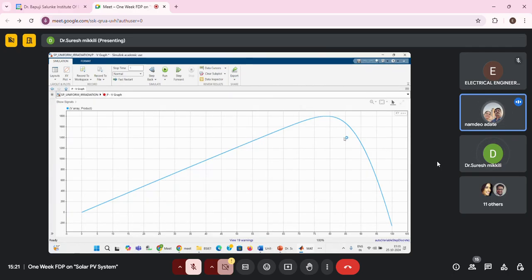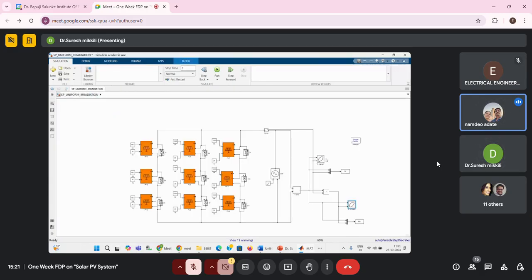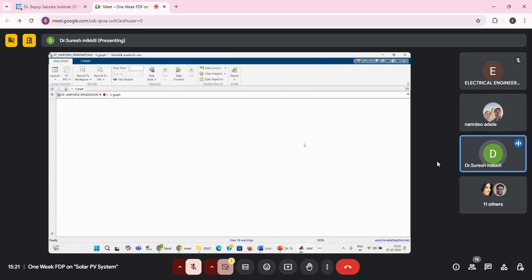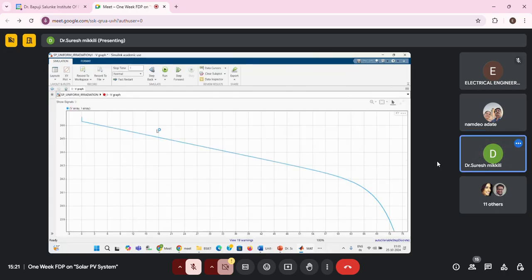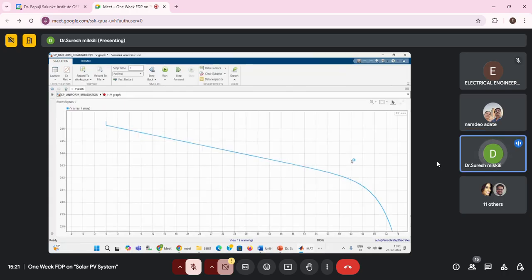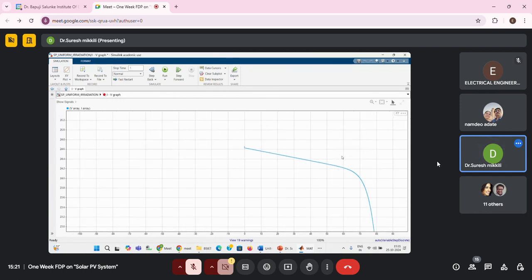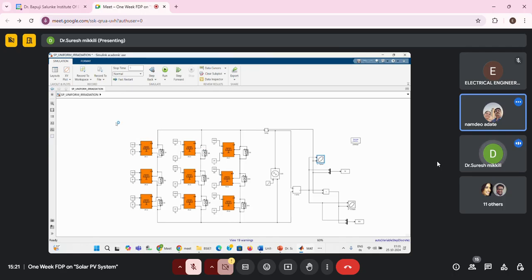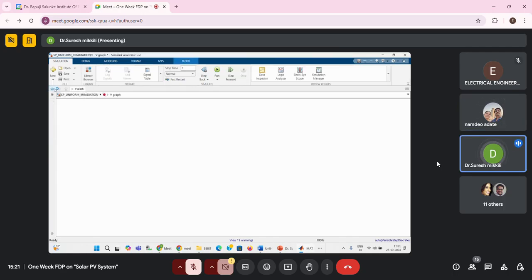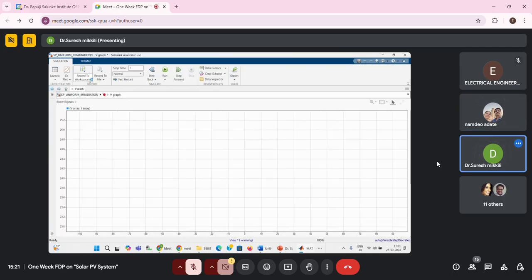Correct. Even IV curves we can design like this. Okay. Now irradiance also we can calculate. Let me show you.